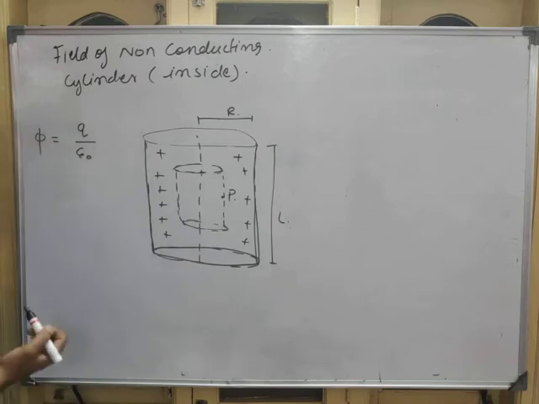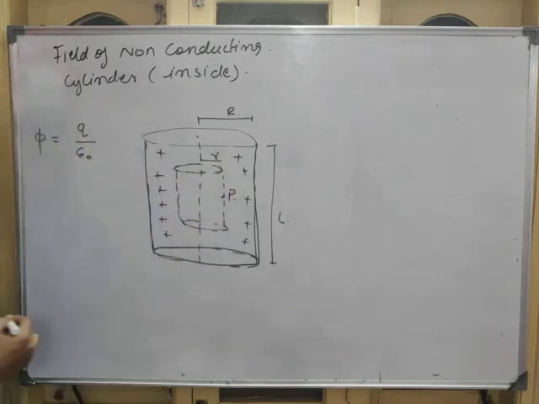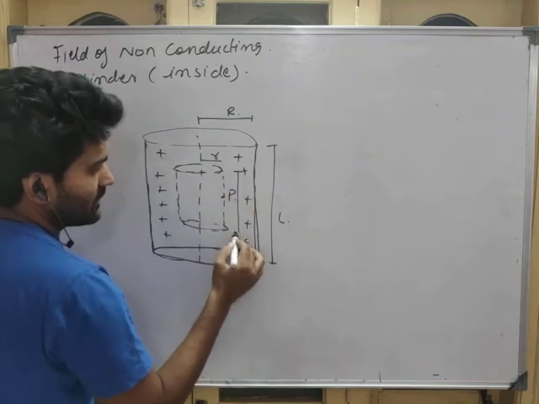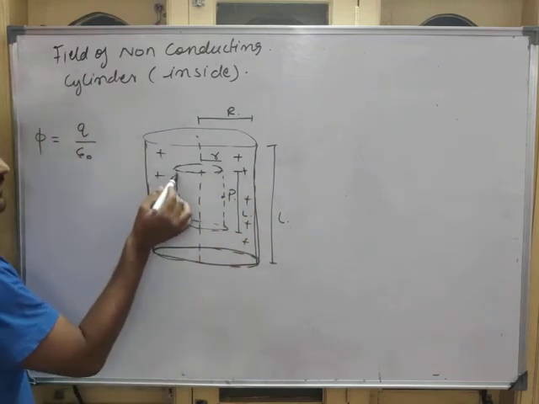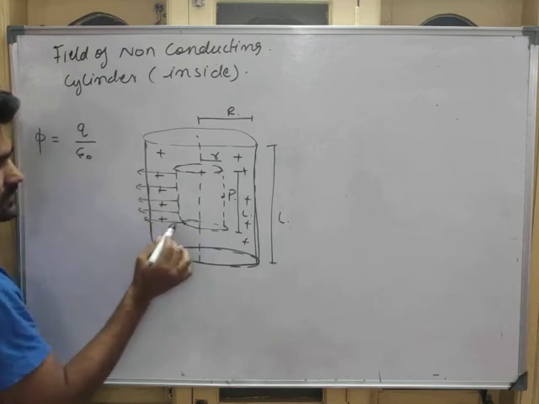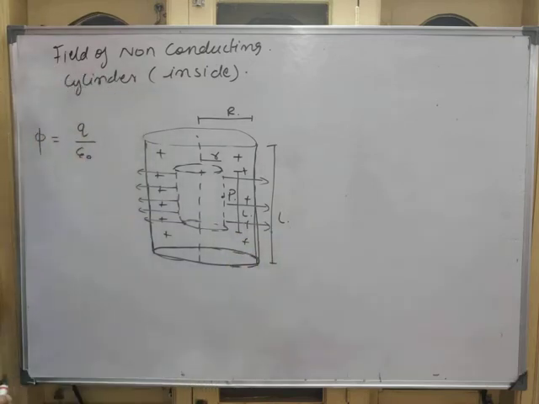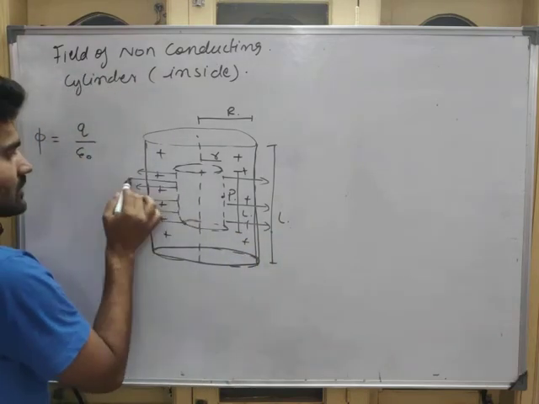Let us suppose the radius of this small cylinder is small r, and the length is capital L. So obviously the field will be like this, and the area vector will be like this.